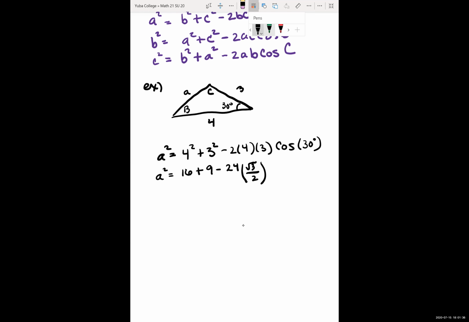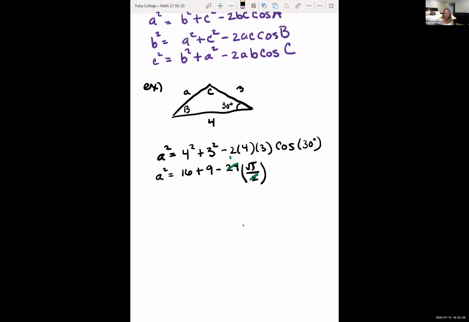Would it have mattered which side we called A, B or C? No, it was just that the triangle was given and they called this B or C, so it really didn't matter. I would only call this A because it said this was side A.